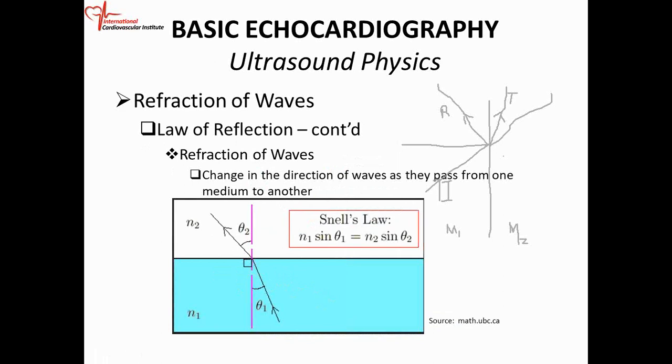We're not going to get into any great detail. Just know that the bending of the transmitted wave depends on the density of the medium it's traveling in. So it can bend this way, it can bend further up, or it can bend over there, depending on the density of the medium.